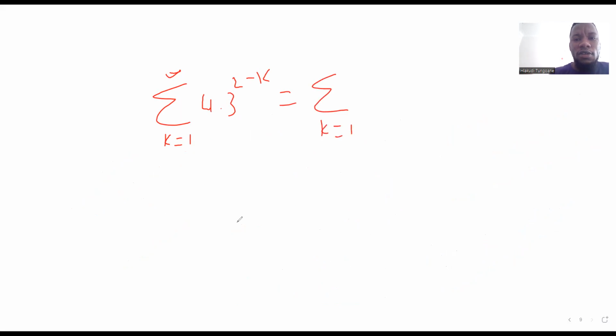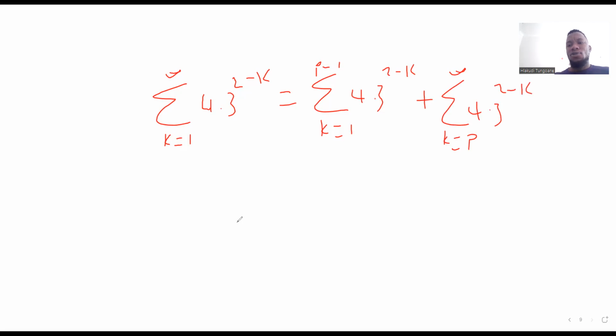So just to write down what I was saying on the other page: the sum from k equals 1 to infinity of 4(3^(2-k)) is the same as the sum from k equals 1 to p minus 1 of 4(3^(2-k)) plus the sum from k equals p to infinity of 4(3^(2-k)), right? This one we know equals 2 over 9 because they told us.